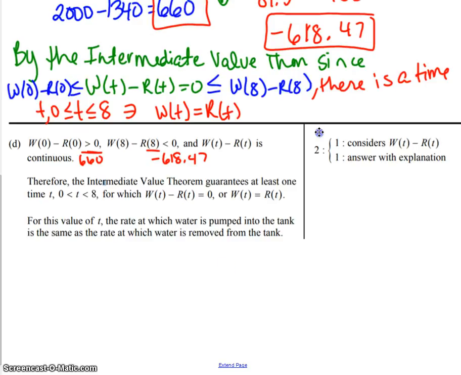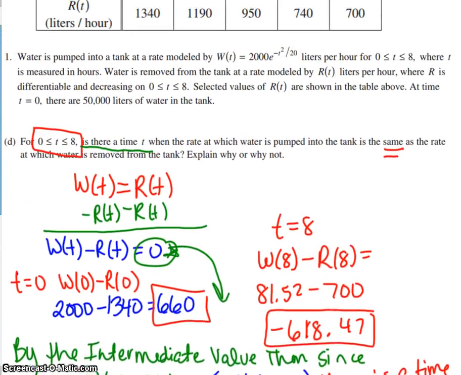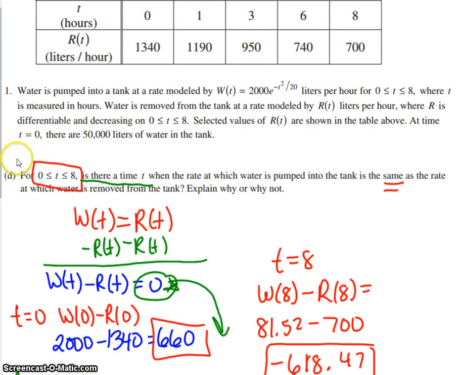And that's going to be 2 points: 1 point for subtracting the rates and 1 point for your explanation. You have to say the intermediate value theorem. Okay, so that's the end of number 1, AP Calculus 2016 free response.